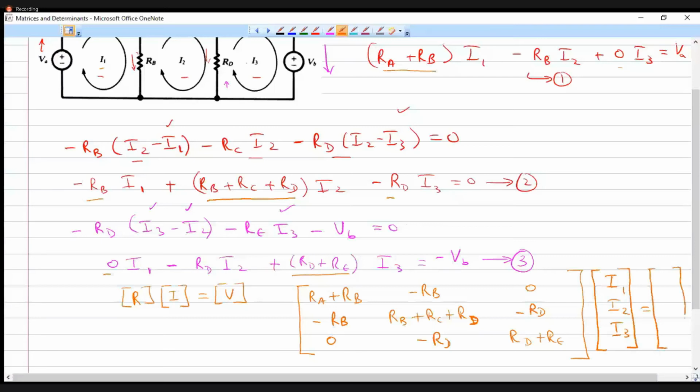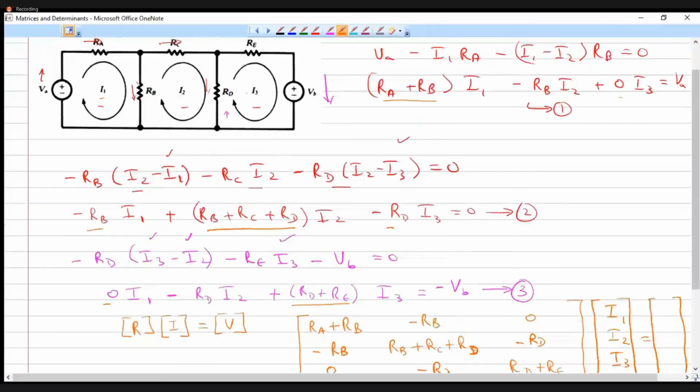While writing the voltage, I told why and how we should write. When we take the mesh currents like this, and if you are traversing the voltage from minus to plus, then you take that voltage as plus. For example, VA in mesh current one, we are traversing from minus to plus, so VA should be taken as plus in the matrix.